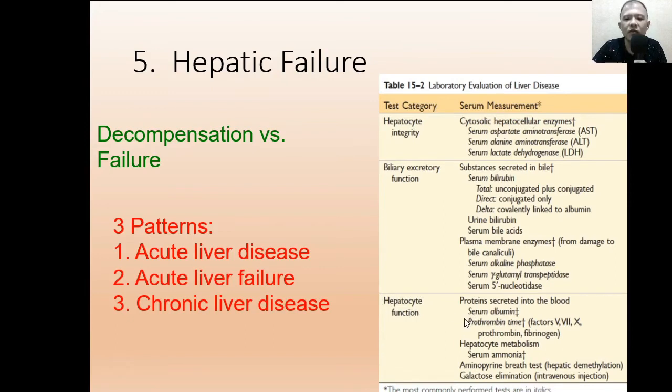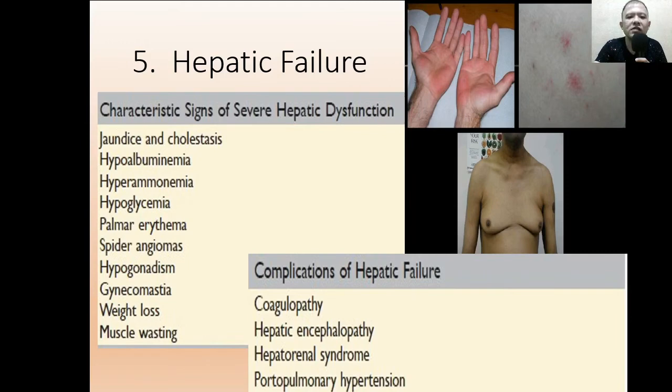This pertains to albumin formation, the production of clotting factors, and other hepatic function tests as well. So what are the signs of dysfunction or this decompensation? So you have jaundice, hypoalbuminemia, hyperammonemia, hypoglycemia, palmar erythema, spider angiomas, hypogonadism, gynecomastia, weight loss, and muscle wasting.